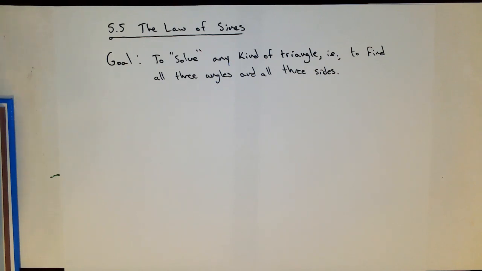I like to just say use the law of sines if possible, because the law of sines is very easy, at least relative to the law of cosines, which we'll see in a moment, which is a bit more involved as far as the calculation goes.